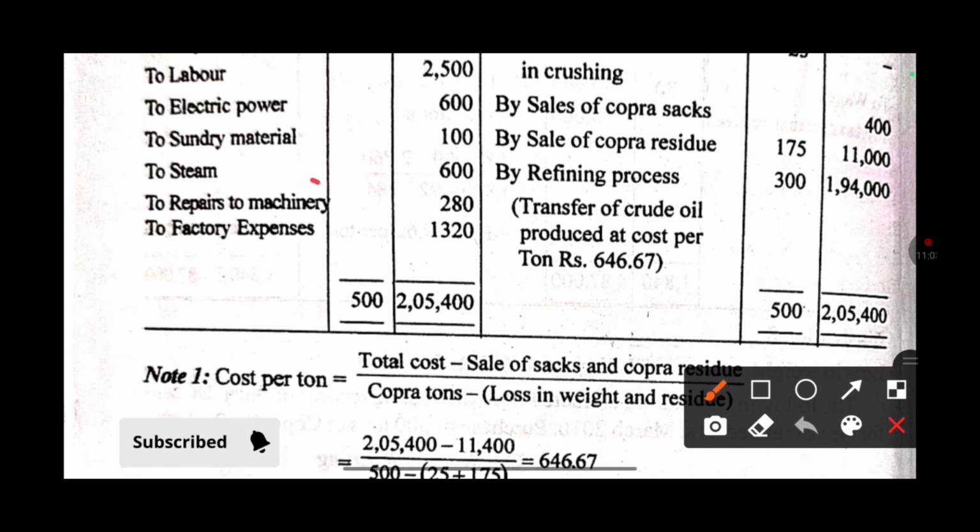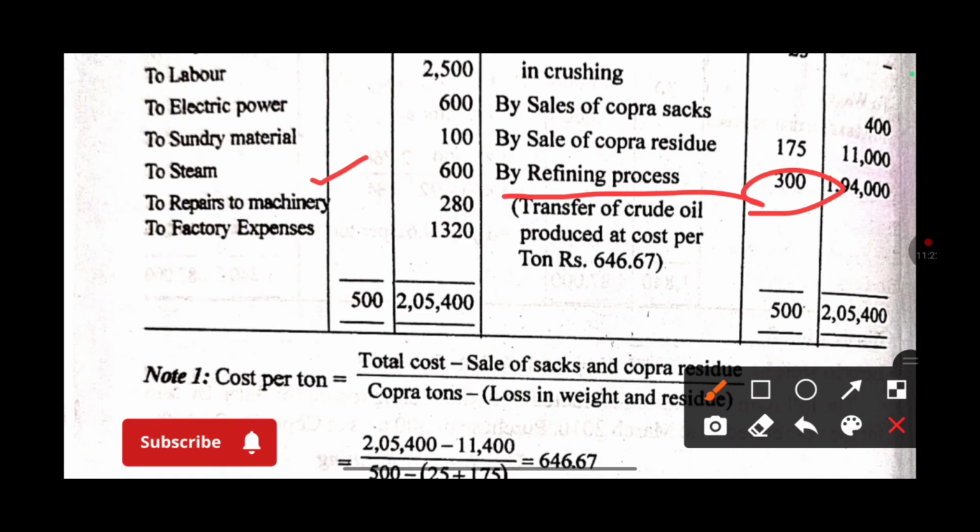Listen, input value always appears on the debit side, then output value and output tons, units or kilograms appear on the credit side. So on the basis of that format, we write 300 tons, produced as crude oil. That 300 tons we call output.